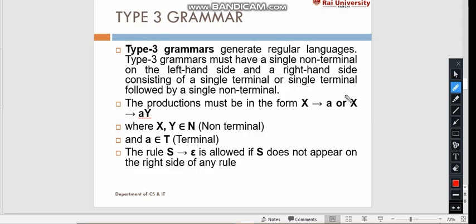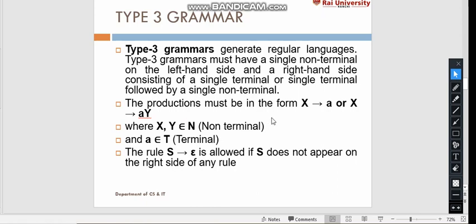We will start with type 3 grammar. A type 3 grammar is also known as a regular grammar, and the language generated by this type of grammar is known as a regular language. Here in type 3 grammar, there must be a single non-terminal on the left hand side of the production, while the right hand side consists of a single terminal or a single terminal followed by a single non-terminal.